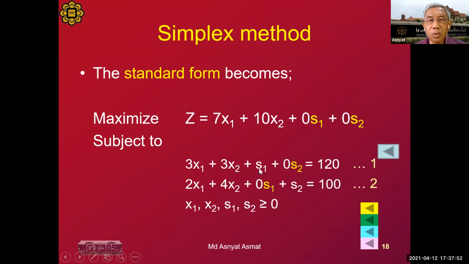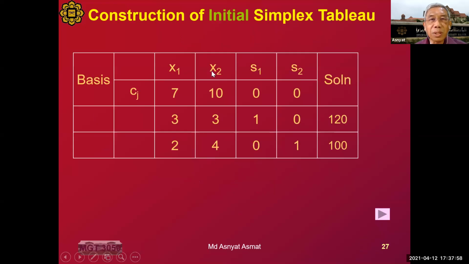We have 4 sets of variables. Then we have C row. These are C row. This 7, 10, 0, 0 is the coefficient of the objective function.